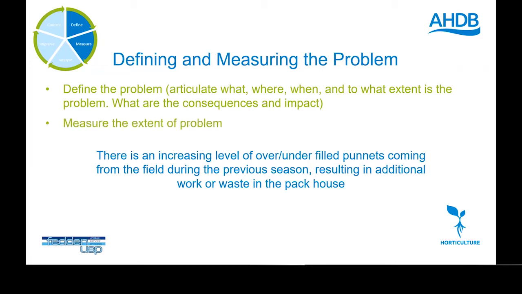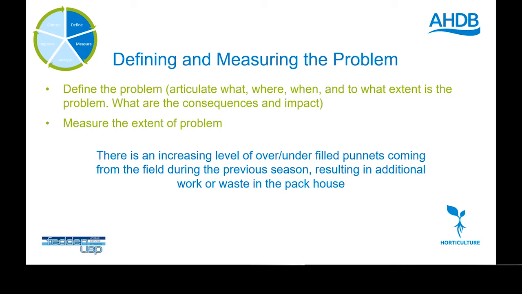The next step within that problem statement definition is to make sure we measure the extent of the problem. So this is about define and measure. When we're looking at this statement, I would be looking at, can I quantify how much or how many punnets we have overfilled or underfilled? The previous season, would I be able to define the time period of that? And could I define the additional work and waste in the pack house? Could I measure all of those things?